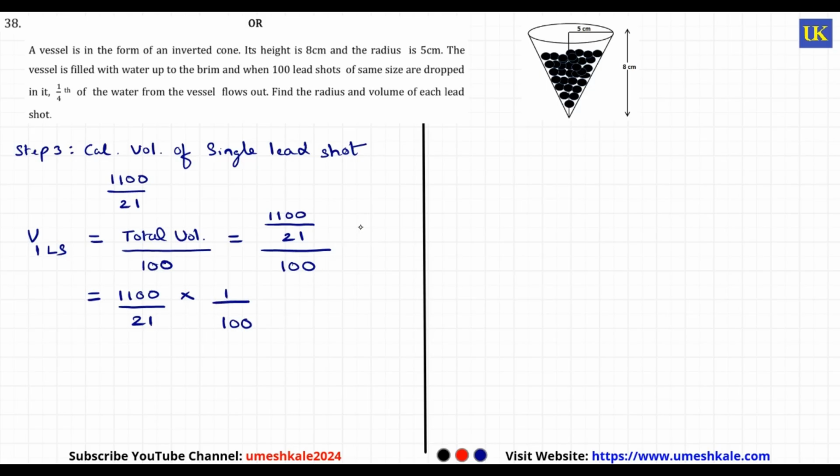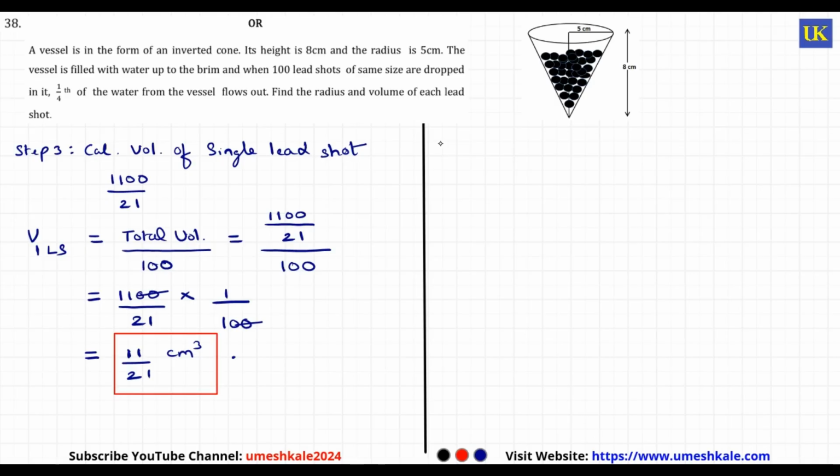So this denominator will come up and it will become reciprocal. So these two zeros and zeros we will cancel. So what we'll get is 11 by 21 centimeter cube. So this is the volume of one lead shot.